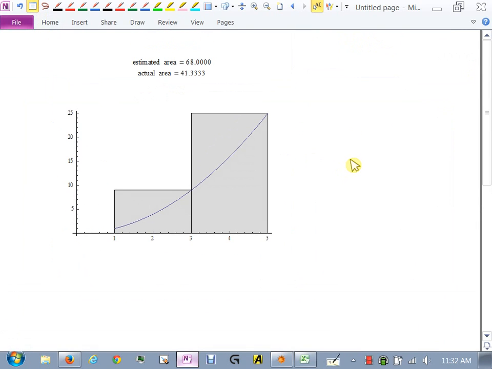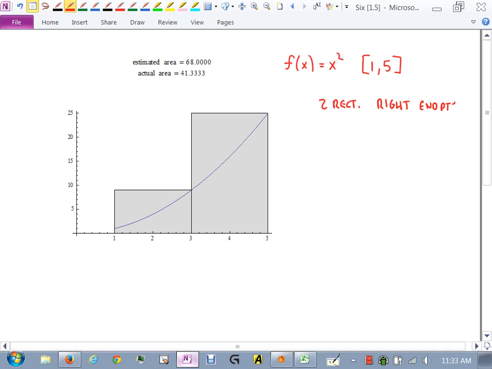Okay, so what I'm going to do is we're looking at the function f of x equals x squared on the interval 1, 5, and we're going to do two rectangles, okay? Two rectangles. We're going to use the right endpoints. So help me come up with all the information I need for this. I've drawn it out for you, okay?